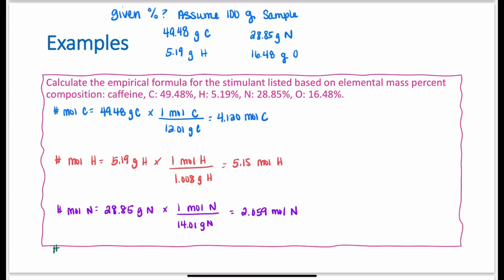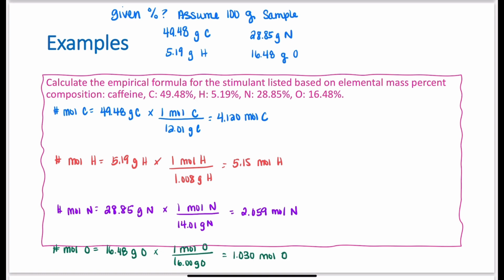And our number of moles of oxygen, 16.48 grams of oxygen. 1 mole of oxygen weighs 16 grams. So this gives me a numerical value here of 1.030 moles of oxygen.